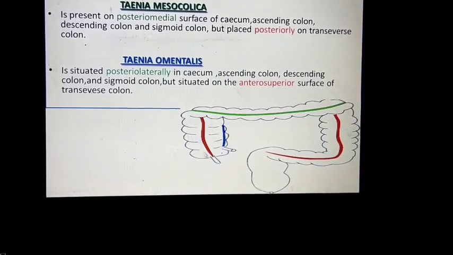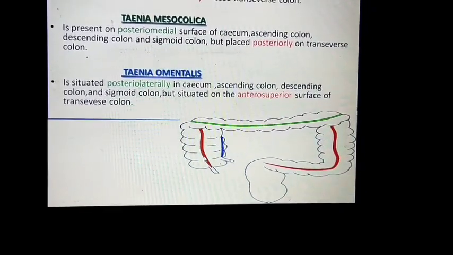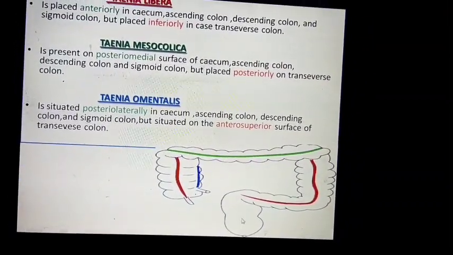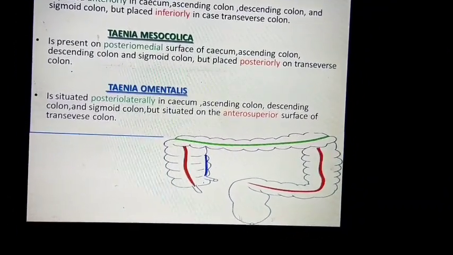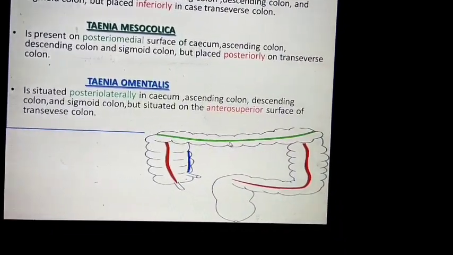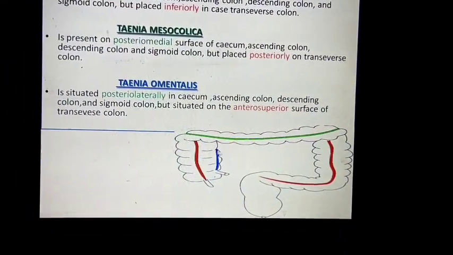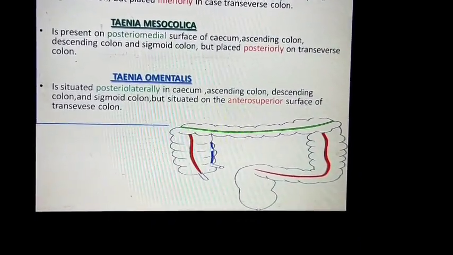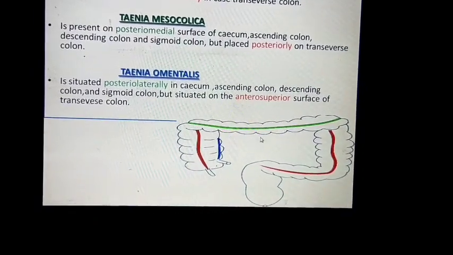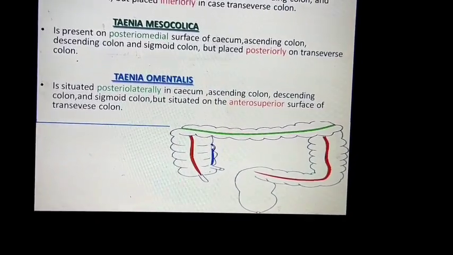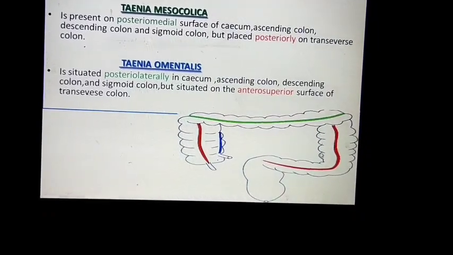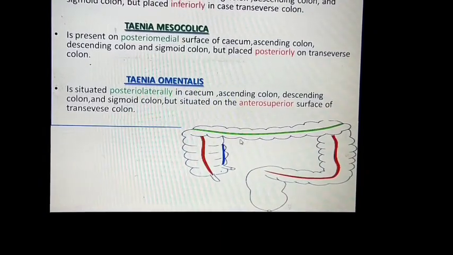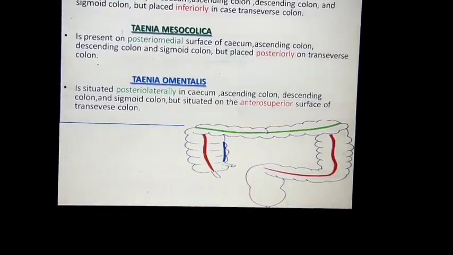Tinea libera is anterior in the cecum, ascending colon, descending colon and sigmoid colon, but it is inferior in the transverse colon. Tinea mesocolica is present on the posteromedial surface in the cecum, ascending colon, descending colon and sigmoid colon, but it is placed posteriorly on the transverse colon.